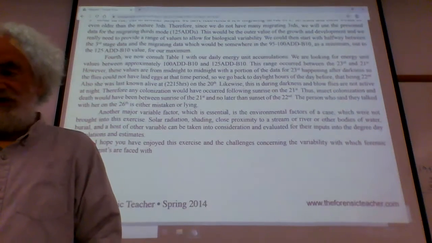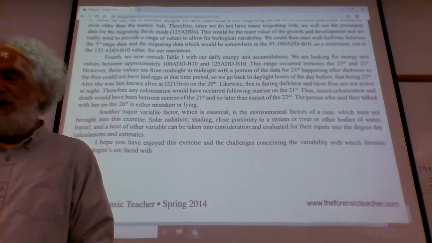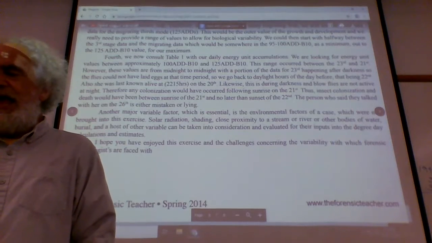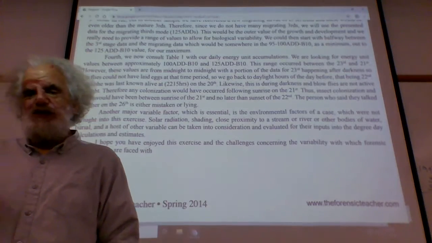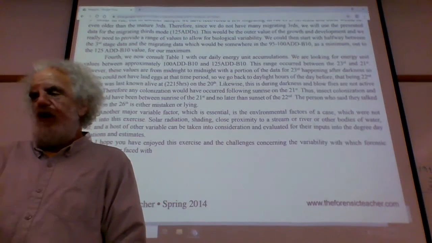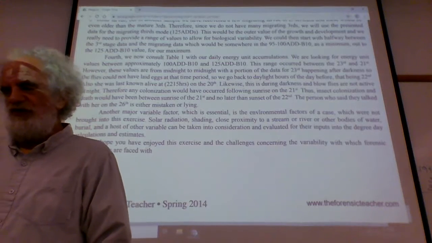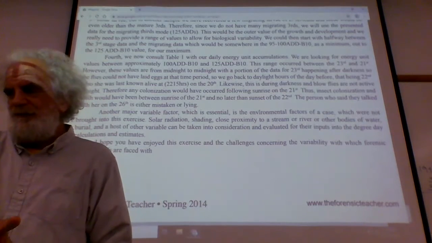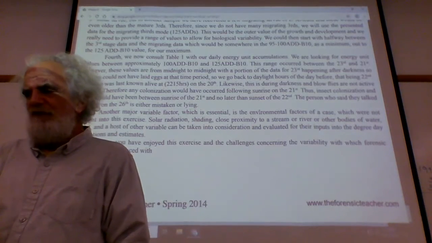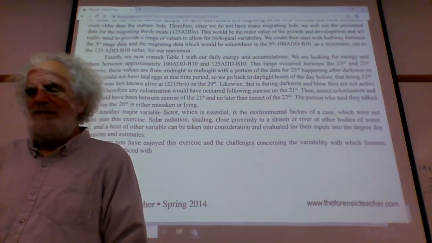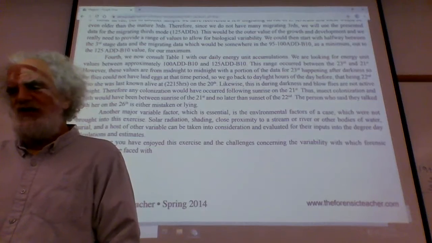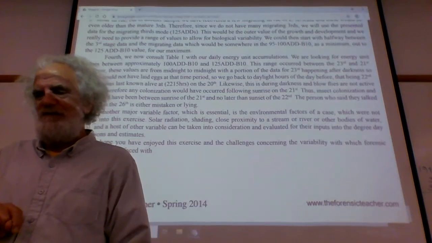That is, the last time she was seen was nighttime. And that means that any insect colonization is going to have started at sunrise on the 21st. So from this, we have a time of death that would be between the sunrise of the 21st and no later than the sunset of the 22nd.